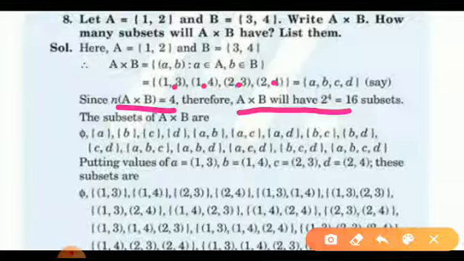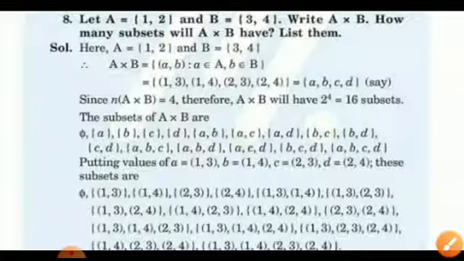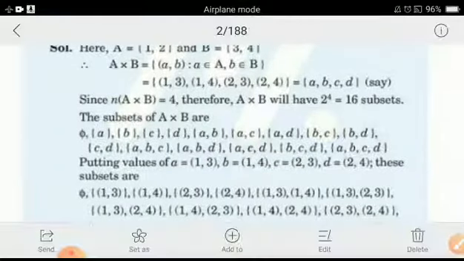And again, they have asked to list them. To list them, that means you have to write all possible subsets. First they have written in terms of A, B, C and D. There is no necessity to write that in terms of A, B, C and D. You can directly write the subsets.